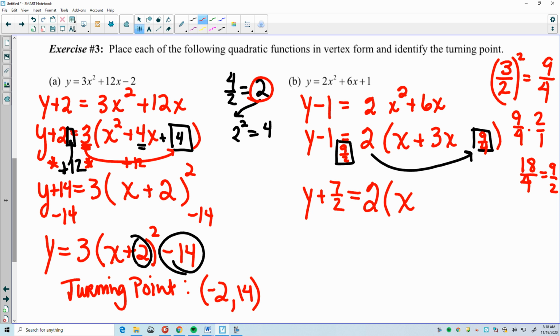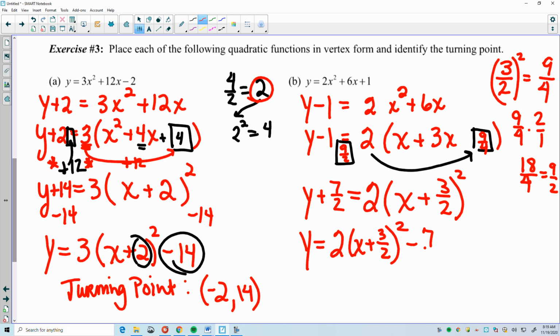Half of our middle term was 3/2, and we square it. Okay, so now to get our equation so that y is by itself, I have to subtract over the 7/2. And so now here's our final equation.